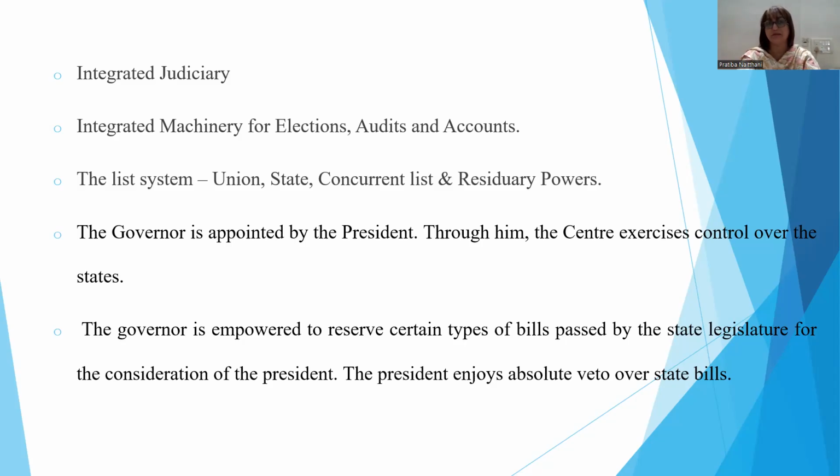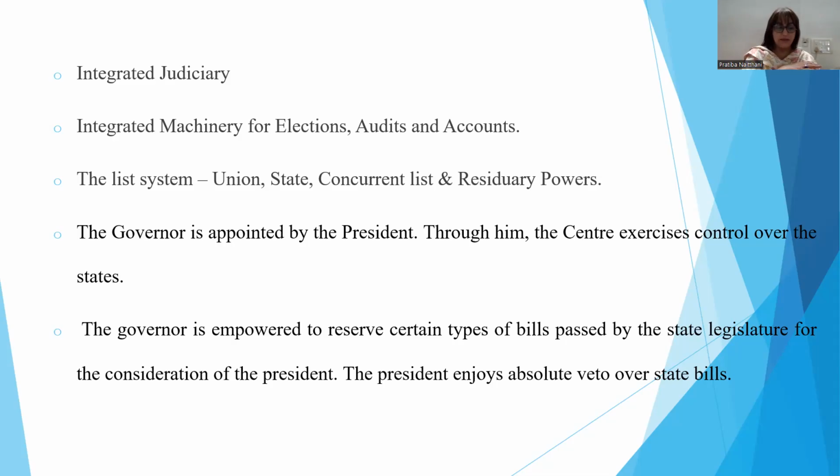They don't like the center controlling them, making them accountable, having common systems. And that creates a kind of rift between the center and the state. Not only does it create a rift between the center and the state, it creates a rift sometimes between the states also.